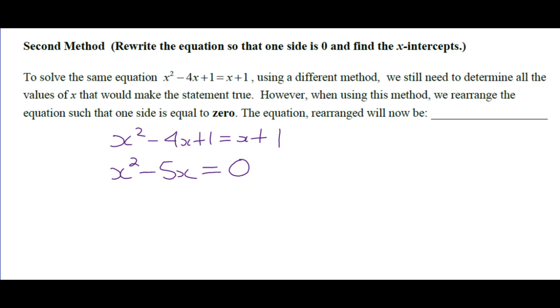So the equation rearranged will now be y equals x squared minus 5x. Okay, so rearranging, right? You just got to do the opposite, right? I want to get rid of this x. I'm going to subtract x from both sides. I'm going to subtract 1 from both sides. Okay, good?